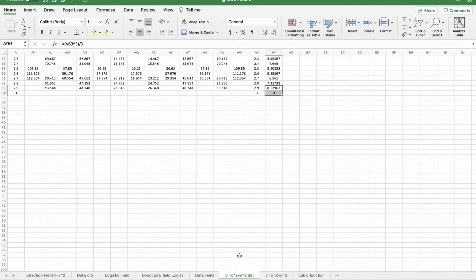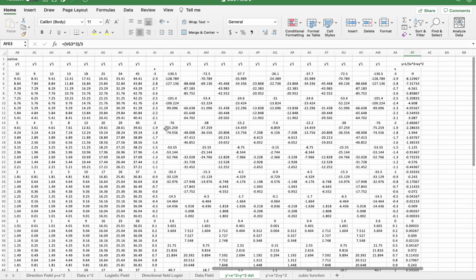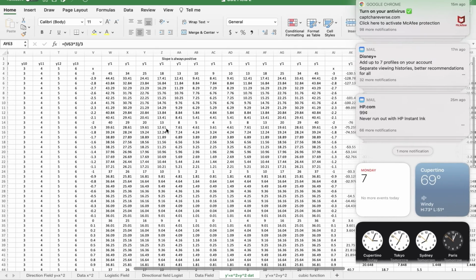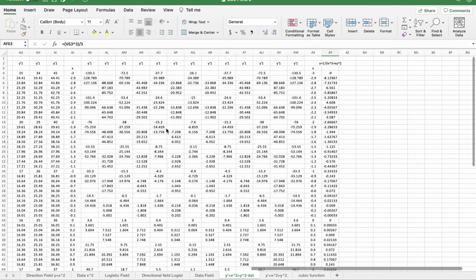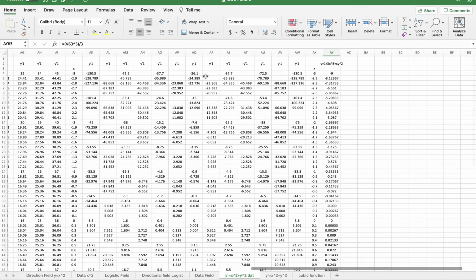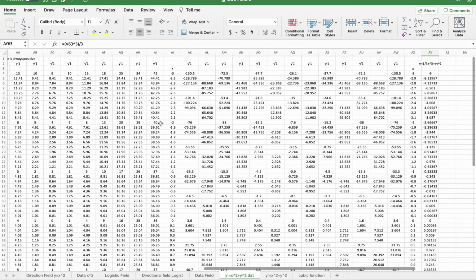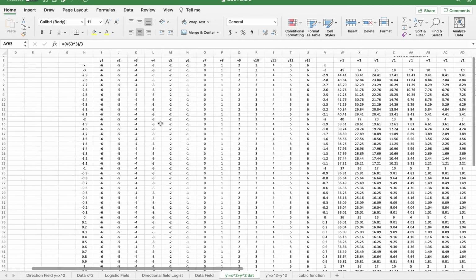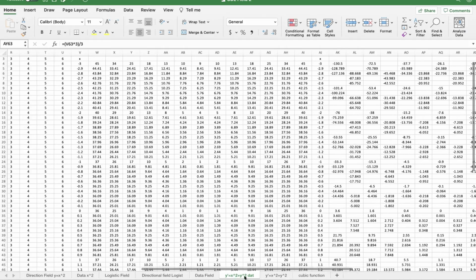Now, here is y prime. Y prime is equal to x squared plus y squared. So in this case, let's see if I wrote it down anywhere. Well, I did in the tab.